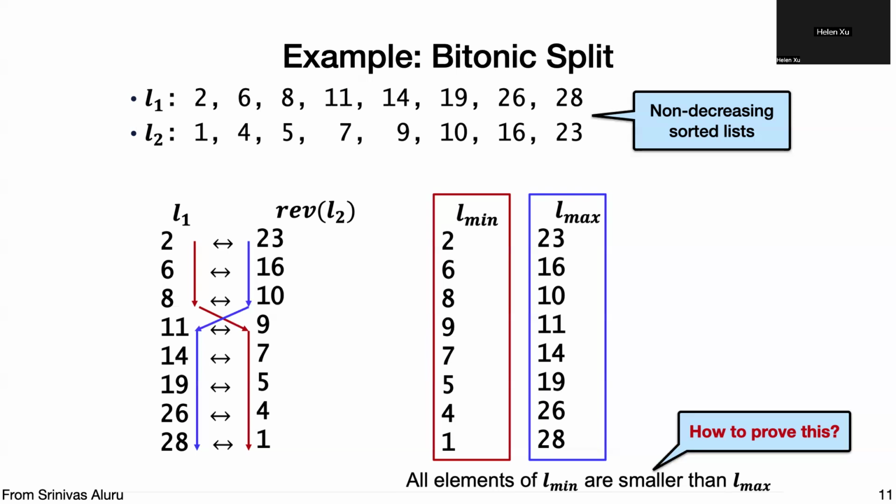Here there's a crossover: 8 is smaller than 10, but 11 is bigger than 9. So 8, which was on the left side, goes here, and 11, which was on the left side, goes there. Like I said, all the elements in L min are smaller than all the elements in L max.